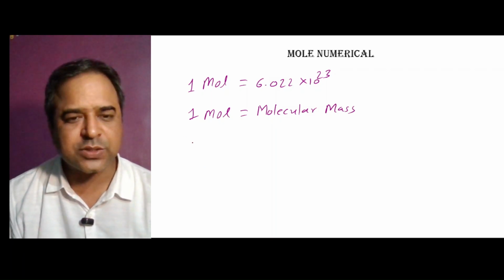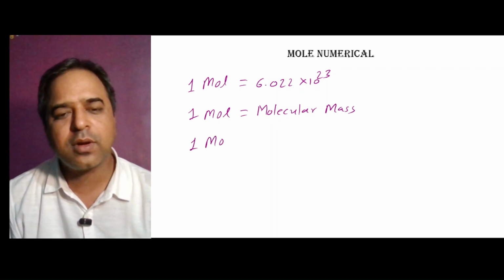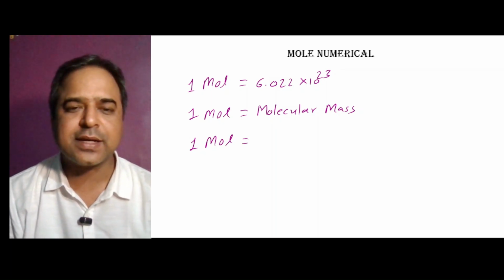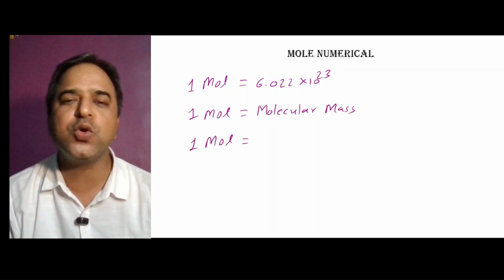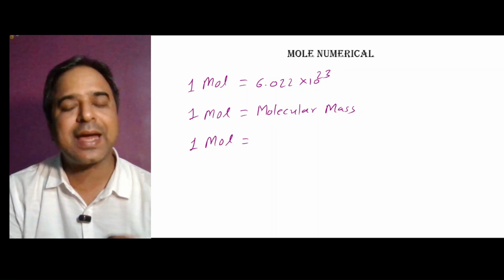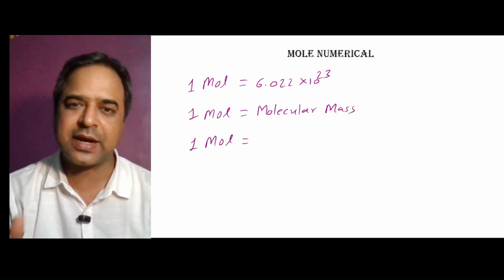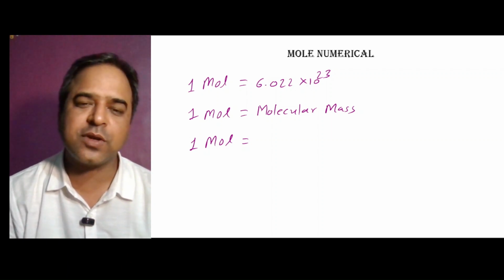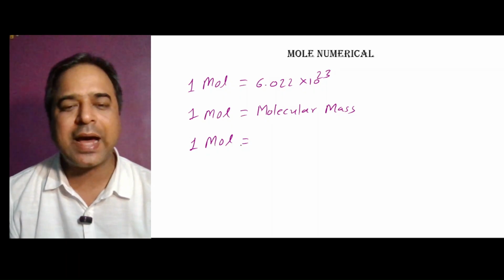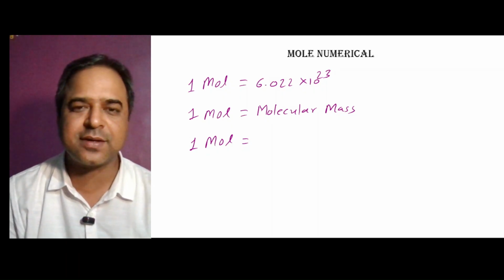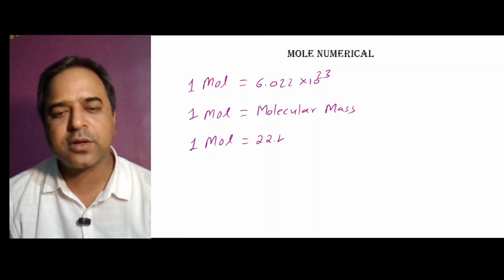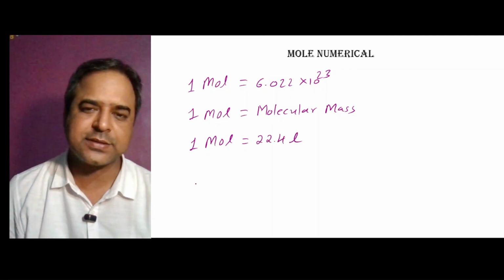And if I ask you 1 mole of gas contains what volume of gas? It can be any gas, and as we had discussed in the previous video, this is applicable only for gases. So at STP, that is standard temperature and pressure, it is going to be 22.4 liters.